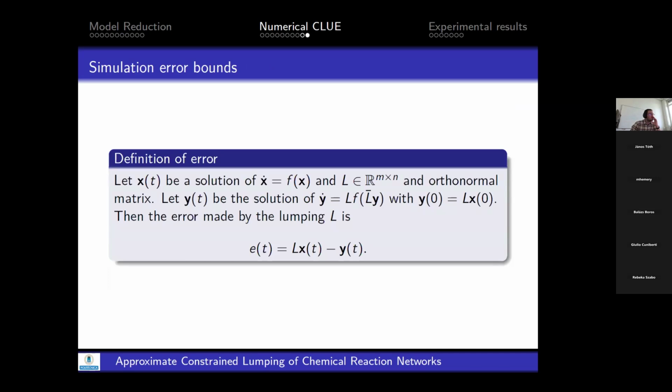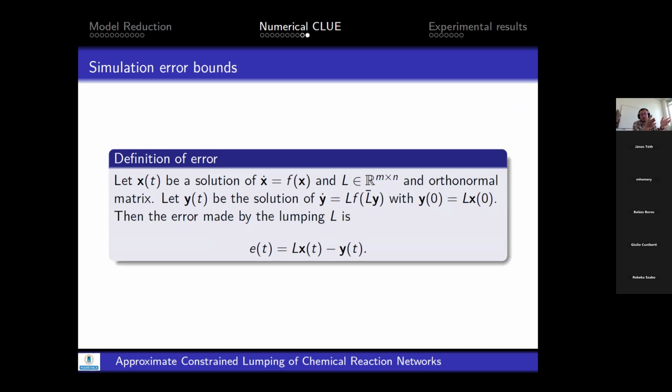And what is this error in the simulation? Well, you need to be precise on the definition. So let me take a solution in time of the differential system, and then let's take a solution of the reduced system. The reduced system will be precisely the one obtained by this formula over here, y prime is equal to the lumping matrix times f times the pseudo-inverse that I was mentioning before.